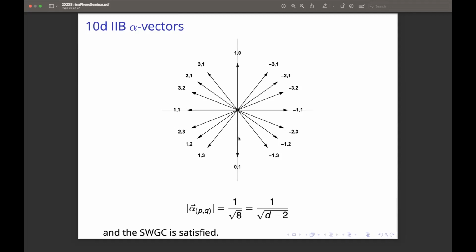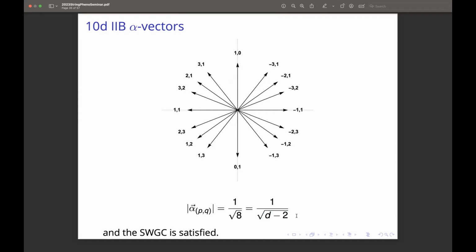All right, so the tower alignment conjecture requires that for each infinite distance geodesic, each geodesic going to an infinite distance limit, I need a scalar charge-to-mass ratio vector such that the projection of that vector along that geodesic is at least 1/square root of d minus 2. And these scalar charge-to-mass ratio vectors have length exactly 1/square root of d minus 2.